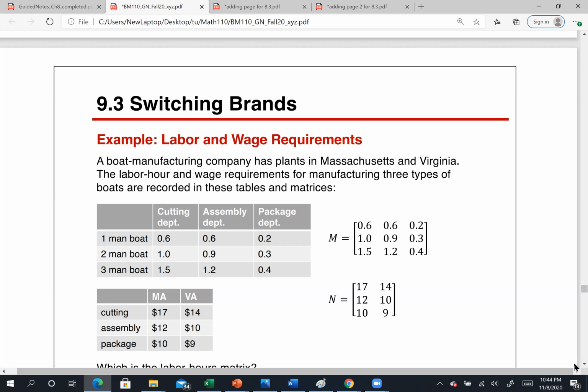So in here we have manufacturing this matrix, and oh wait a second, let me see.